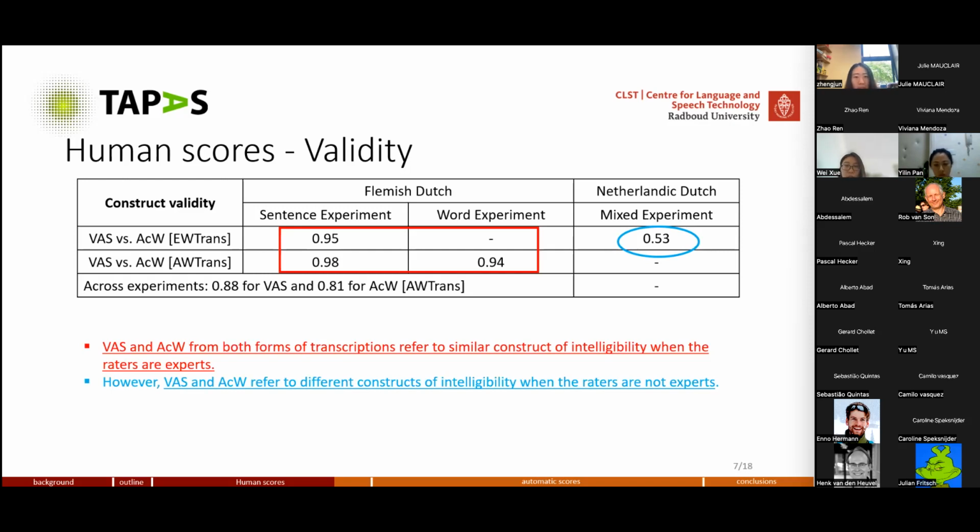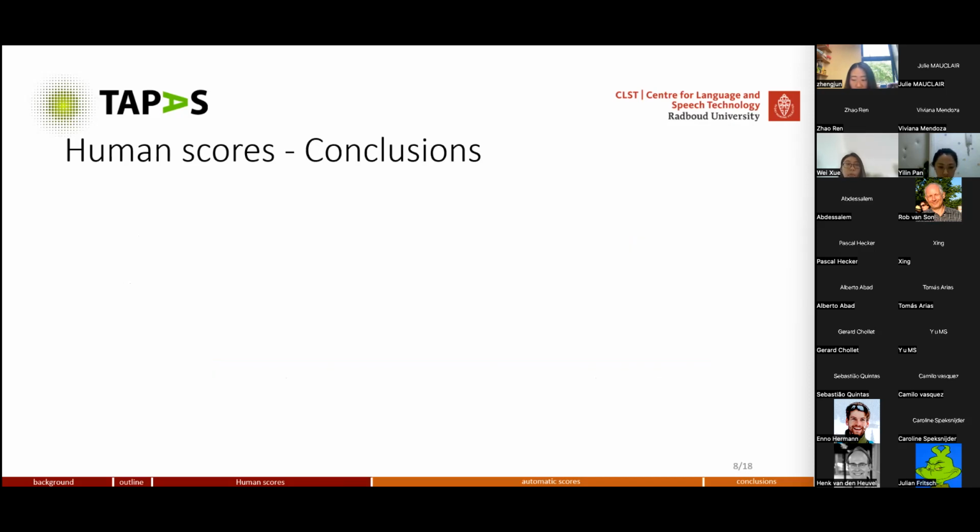Further, the correlation for each measure between two experiments was always below 0.90. So these results seem to show that perhaps different constructs of intelligibility are measured in different speech materials.